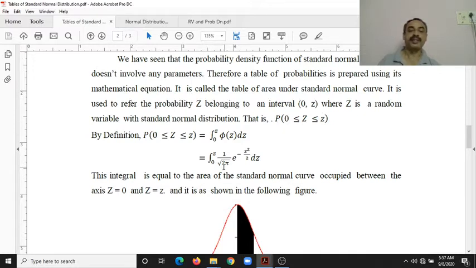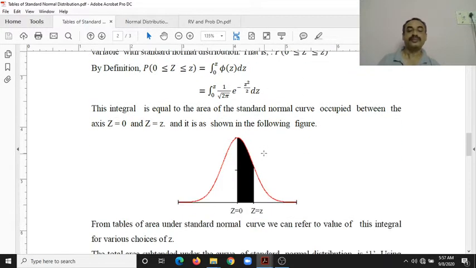So in this case, this integral actually represents the area of phi z between 0 and z. That's why the table is also entitled as area under standard normal curve. Now, the darkened sector represents this area between 0 and z. That is, the probability of 0 to z is denoted by this shaded sector.